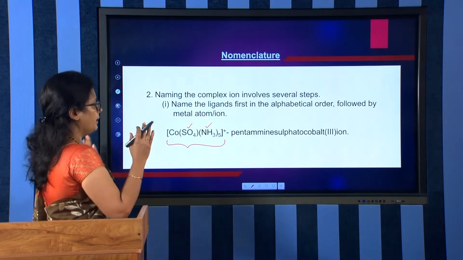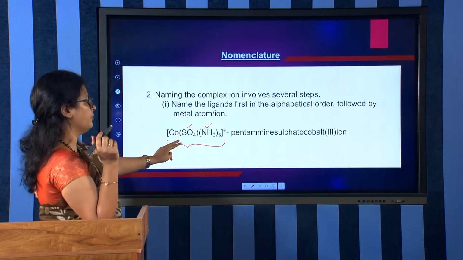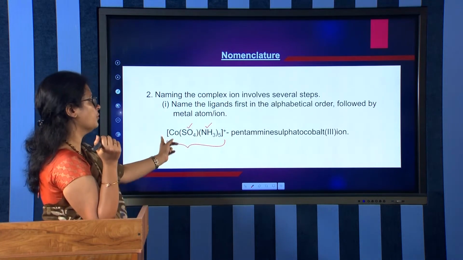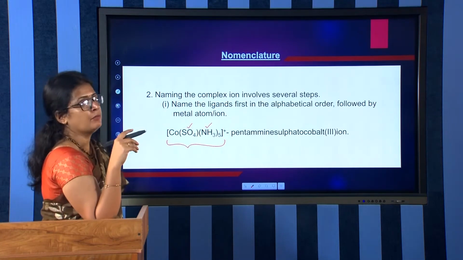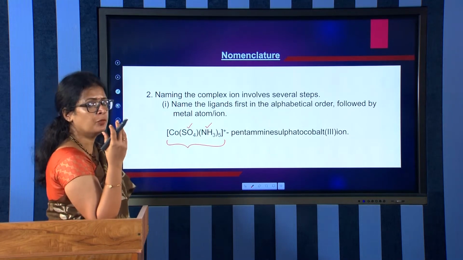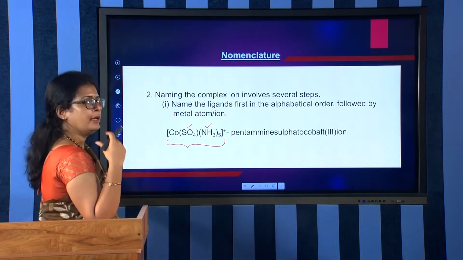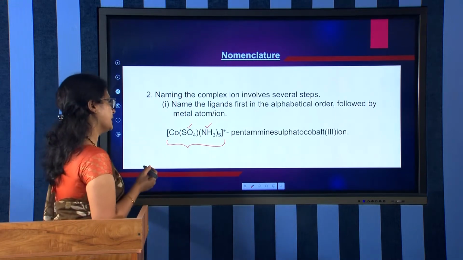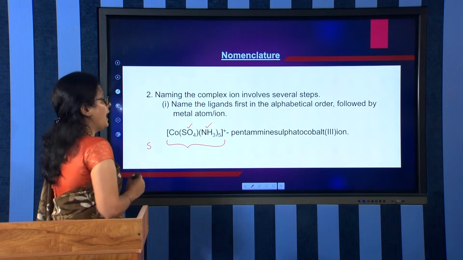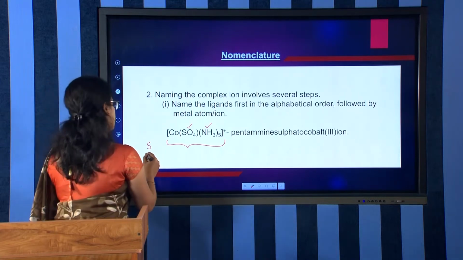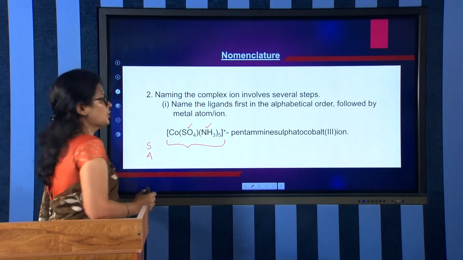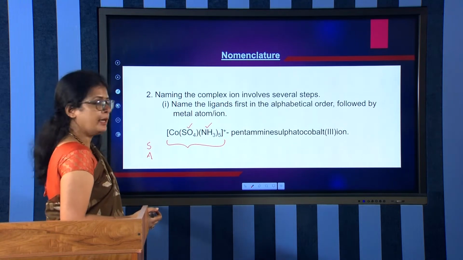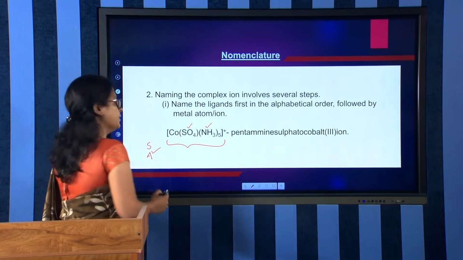We name the ligands first, followed by the central metal ion, and while naming the ligands you have to follow alphabetical order. The sulfato ligand starts with S and the ammine ligand starts with A, so according to alphabetical order we should start with A.